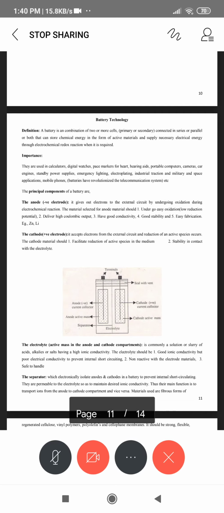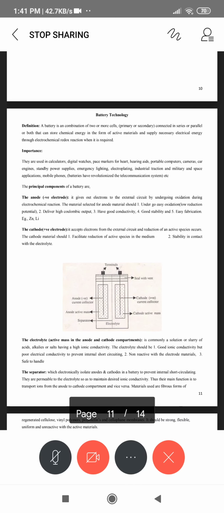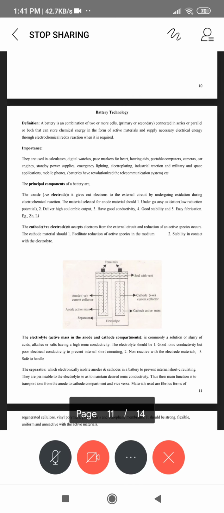In the same way, a primary cell or primary battery has no recharging at all. At the time of discharging, the chemical energy stored in the form of ions is sent through as electrical energy.